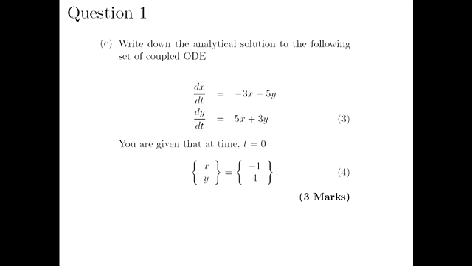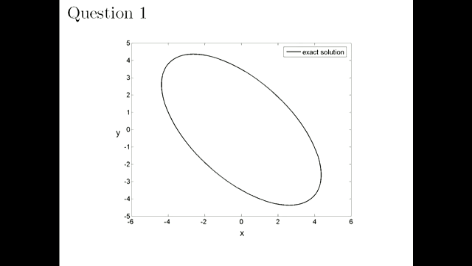So you're just going to expand those codes that you've developed from 1 dimension into 2 dimensions. And that coupled set of ODEs is really just drawing a closed trajectory in space. Okay, so the analytical solution doesn't look exactly like this, but it's something like this. It's a closed solution.